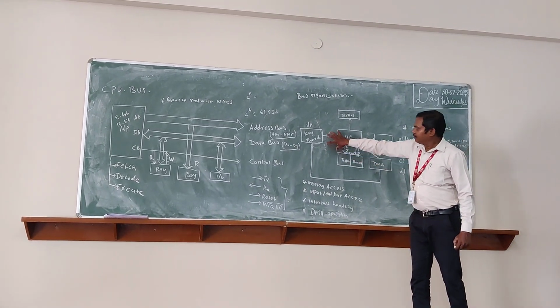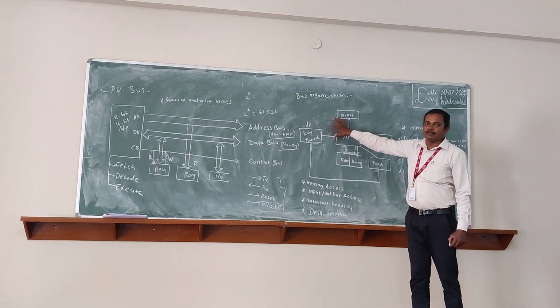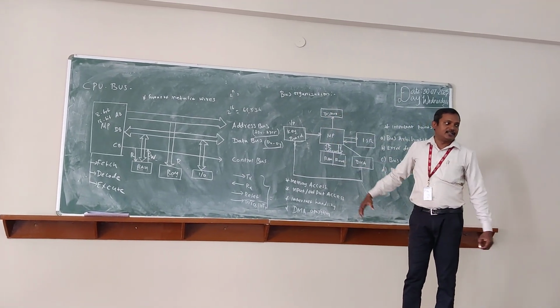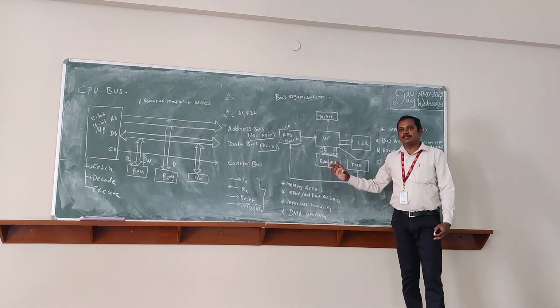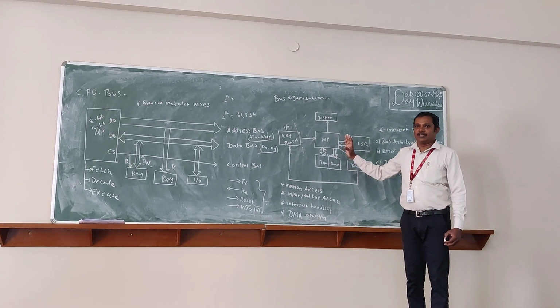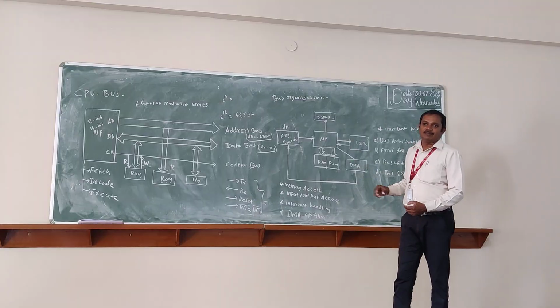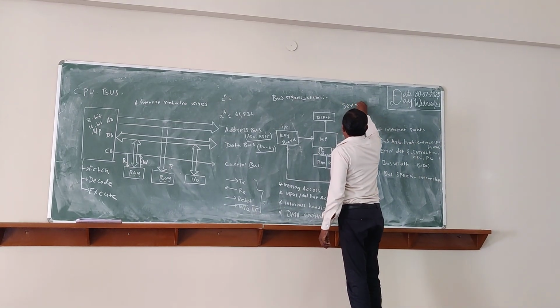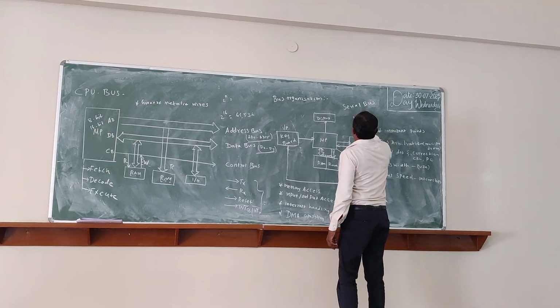Okay. These peripherals are connected to the bus only. All these peripherals are integrated to the CPU by means of the bus. That bus may be a serial bus or a parallel bus.